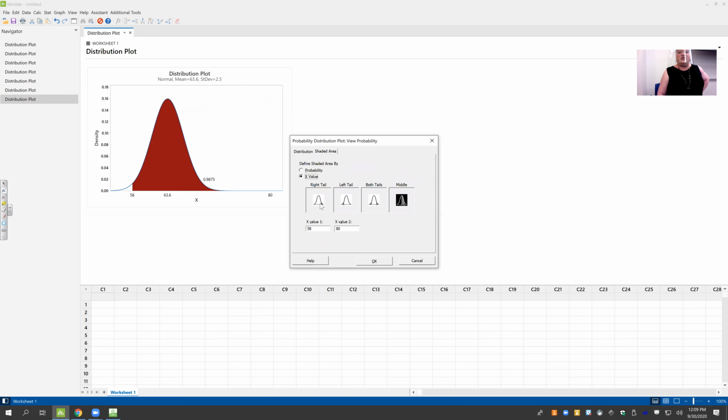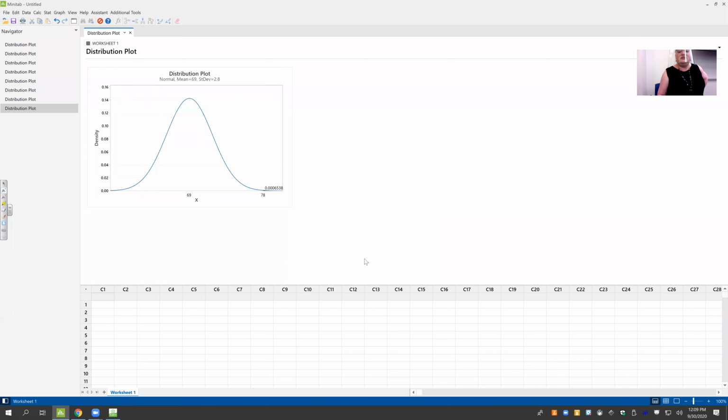Shaded area, we're doing right tail. They have to be longer or taller than the casket, which is 78 inches. Wow, we get 0.0006538. Okay, so this little shaded region is 0.0006538.